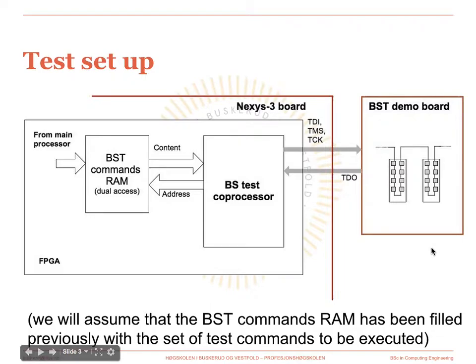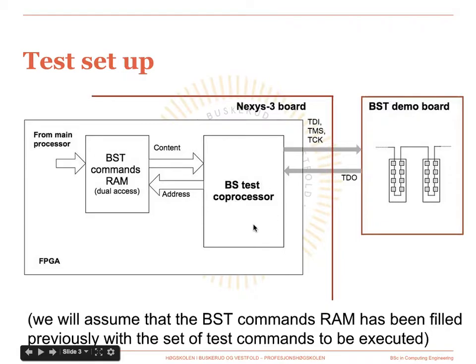The final prototype may be represented as shown here. The boundary scan test code will have been loaded by the main processor into this dual access shared memory. In the case of our implementation, we can simply design this shared memory as a ROM, since we will not have a main processor.